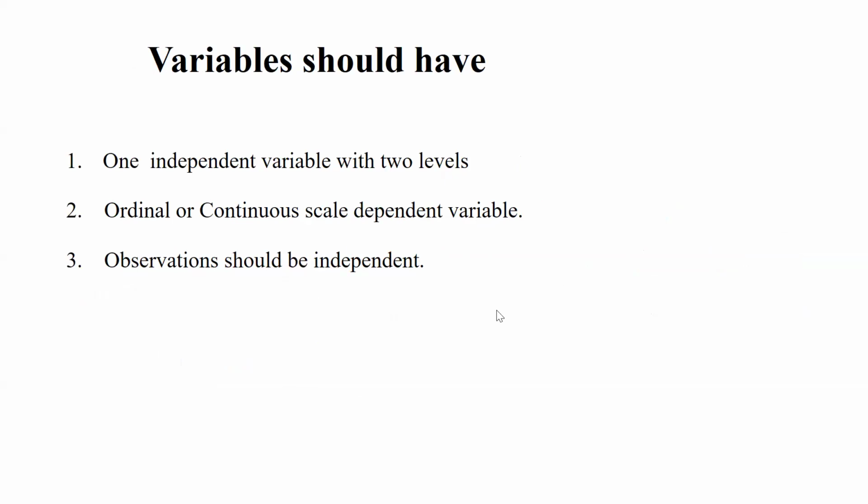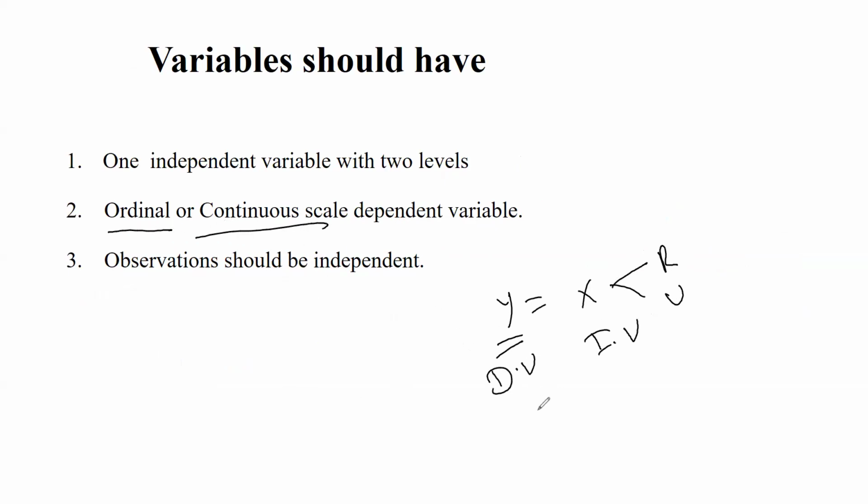One is the independent variable, which should be categorical, like rural and urban, and the other, the dependent variable, should be either ordinal or continuous. If my data is continuous, then the software will automatically convert it into ranks, like ordinal data. This is the prerequisite.